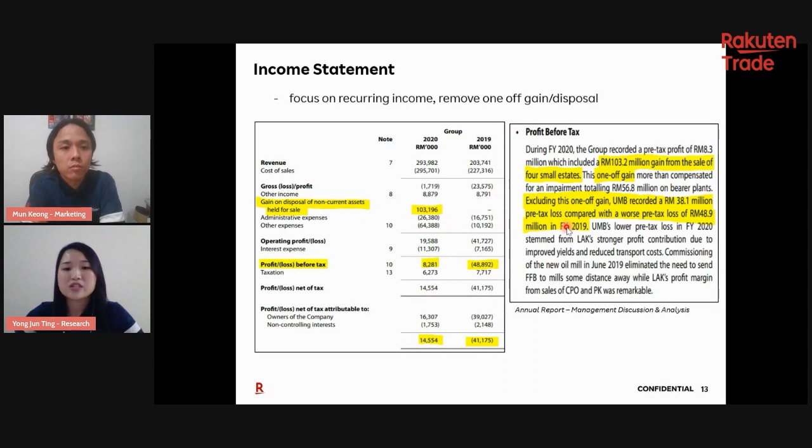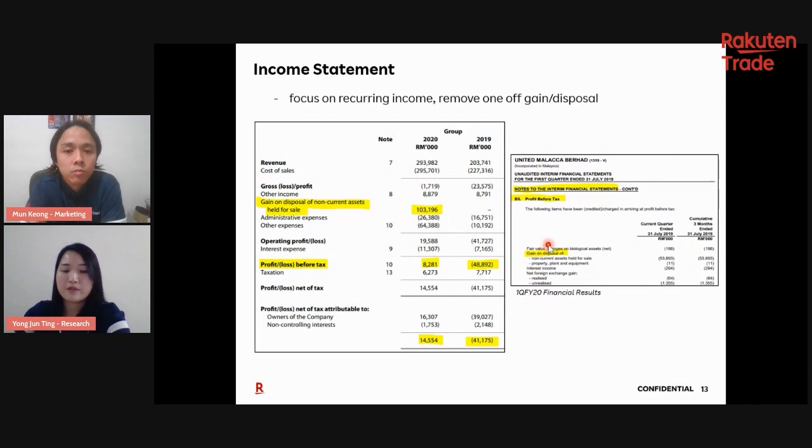So as I mentioned, even in the management discussion and analysis in the annual report, you can read more details, like management mentioned that if excluding this one-off gain, it is still making losses, just that the losses were narrowed. So this is from the annual report.